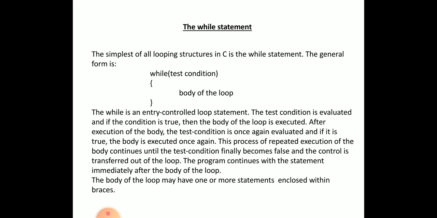In looping, a sequence of statements is executed until some conditions for termination of the loop are satisfied. So a program loop contains two segments: one, the body of the loop, that means the statements that are contained within the loop, and the other, the control statement.